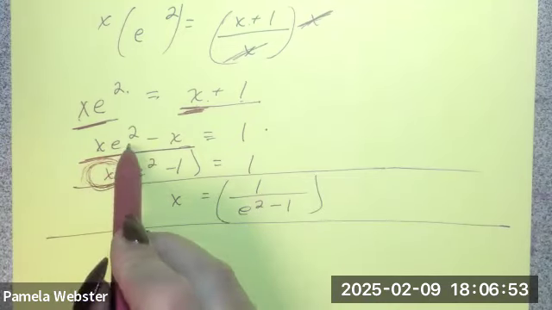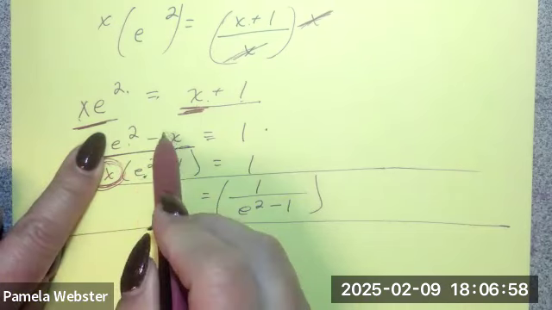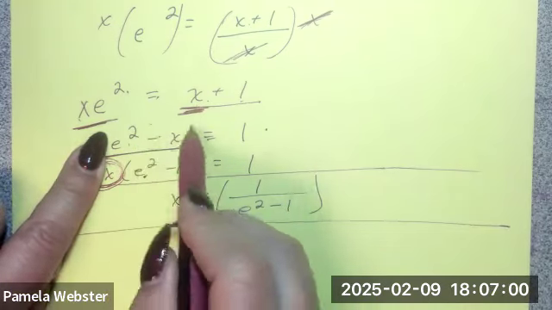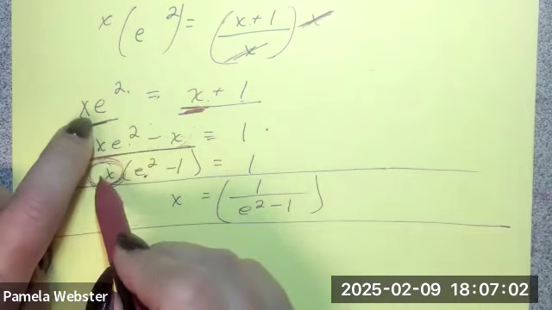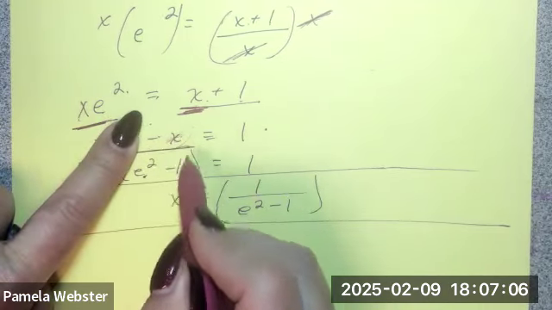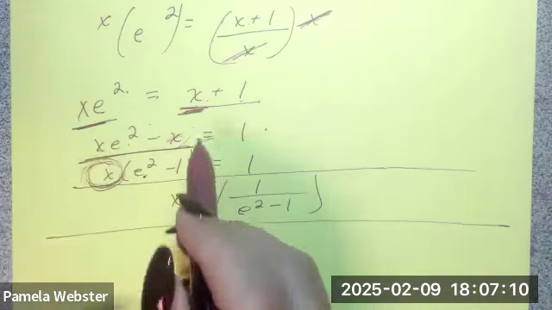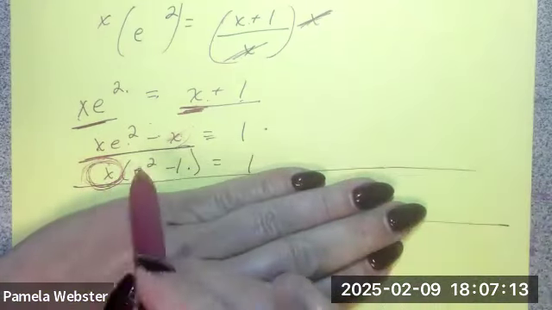If I divide an x out of this first term, there's an e squared left, right? Get rid of the x. If I divide an x out of this term, factored it out in front, what's left over? That x goes away. There's just a 1, negative 1, right? Okay. So that means this is what I got.